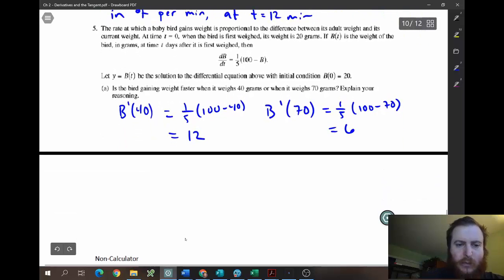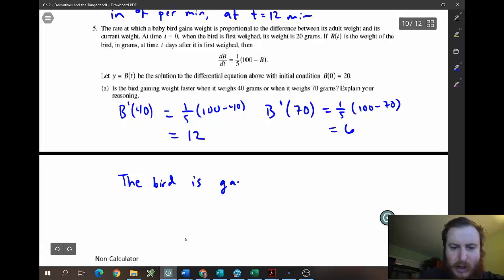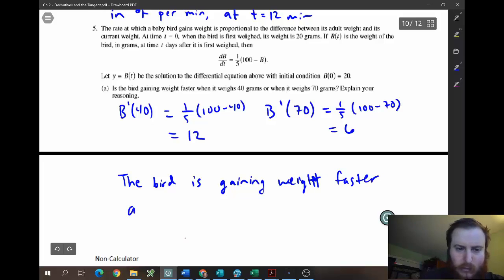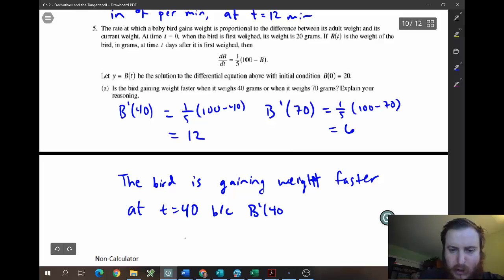So we can then say that the bird is gaining weight faster at time 40 because B prime of 40 was greater than B prime of 70. So this was just kind of taking the derivatives and comparing them.